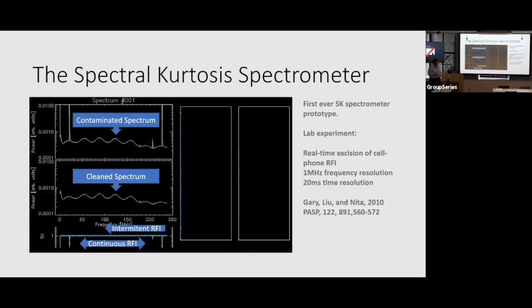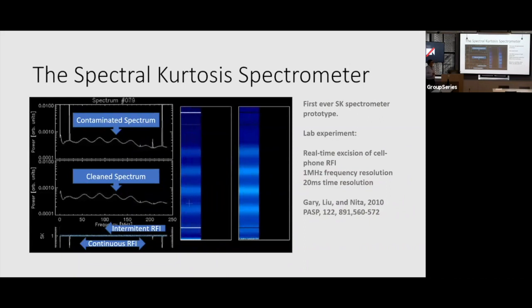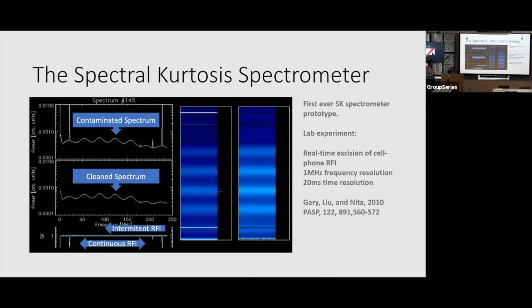And here you will see a dynamic spectrum, and here the flags that the spectral kurtosis will produce. And you see these continuous RFI, they have spectral kurtosis less than 1. They are continuously flagged here, here, and here.